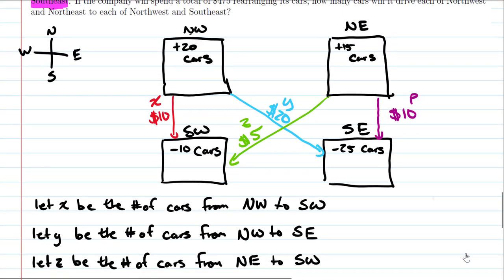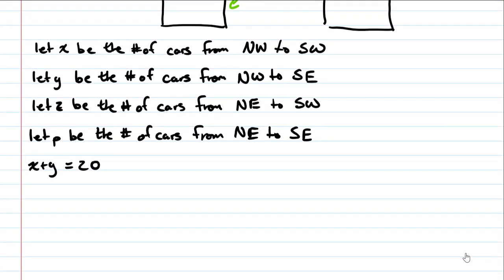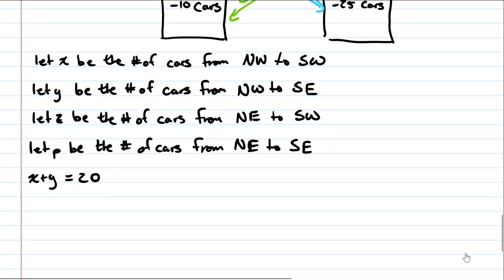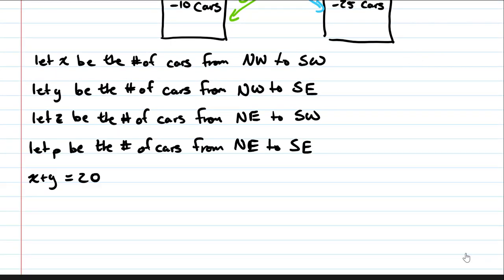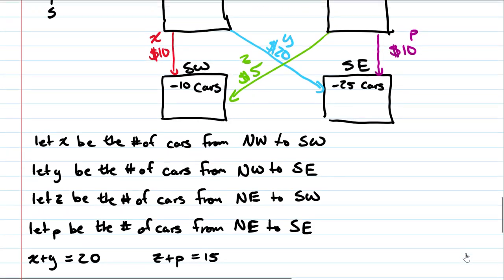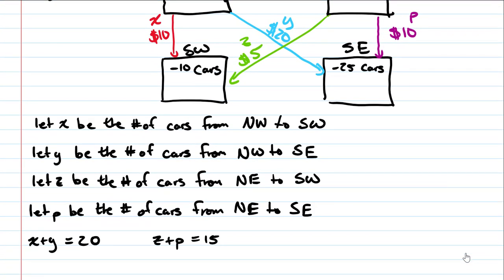How many surplus cars does northeast have? 15, right? And we have z and p leaving from northeast, so z plus p has to equal the number of cars that are leaving, which is 15, right? So what else do we know?